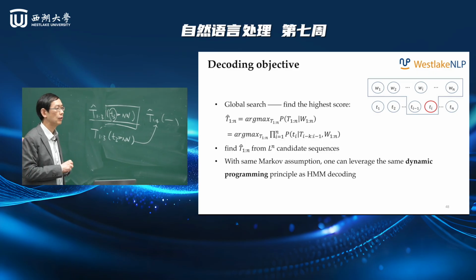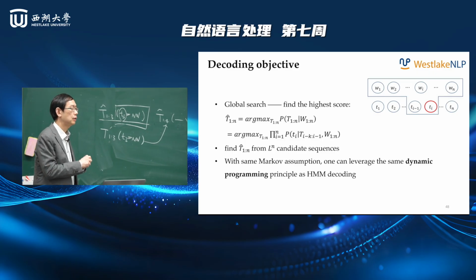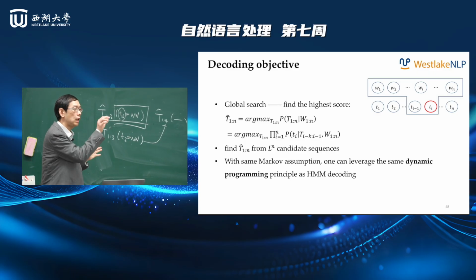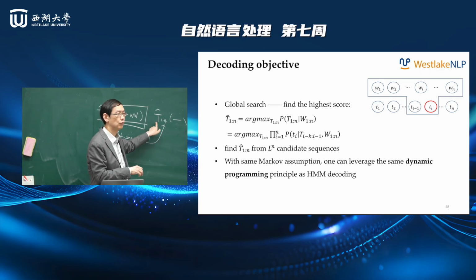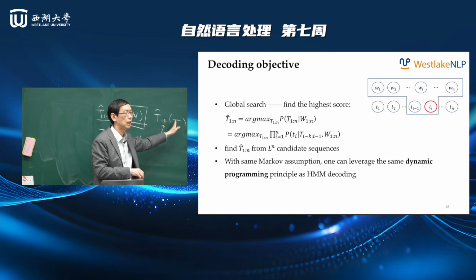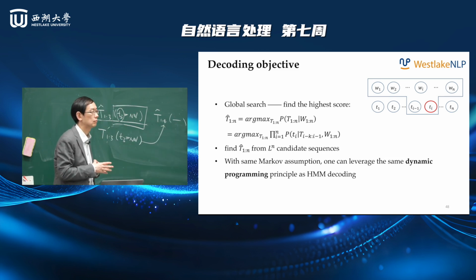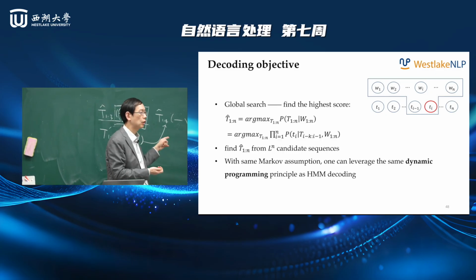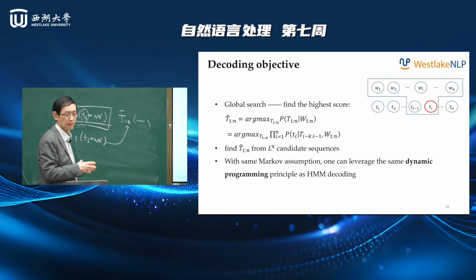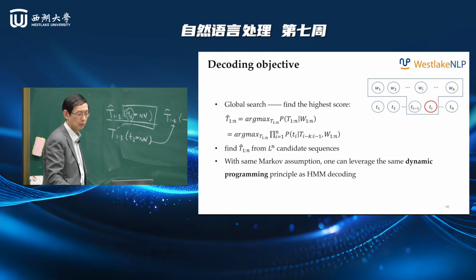So if you remember t hat 1 to i, with ti being all possible tags, you can find t hat 1 to i plus 1 with ti plus 1 being all possible tags. So the signature is the same, and the table drawing process is the same. And I show you once again.